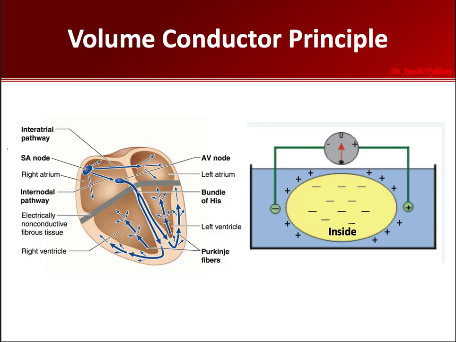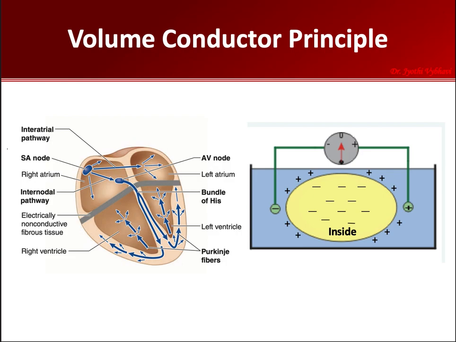Let me explain what that means. It means that the primary current source, okay, the primary current source is the heart. It is producing electrical currents. There is electrical activity happening. And the volume conductors are the body and the body fluids, they are very good conductors.